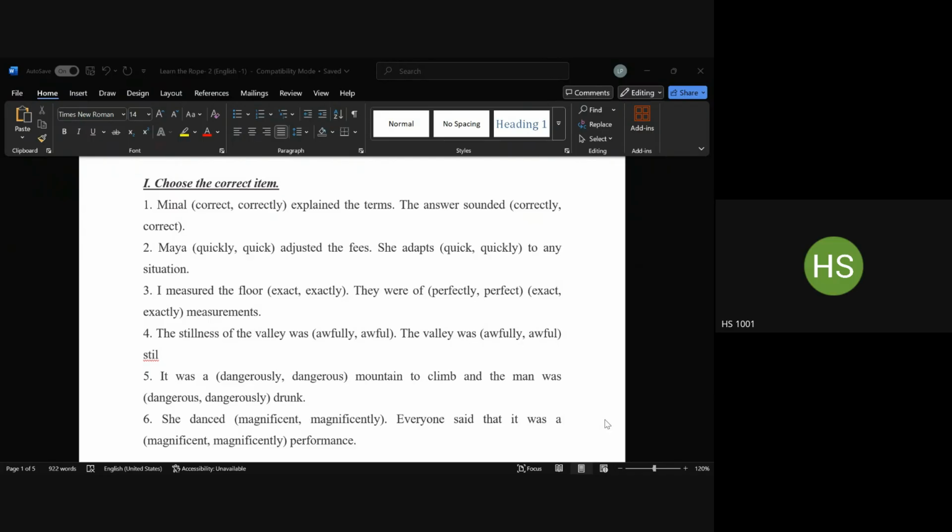Okay. Third one, I measured the floor exactly. Exactly. I measured the floor exactly, right? They were of perfectly exact measurements.